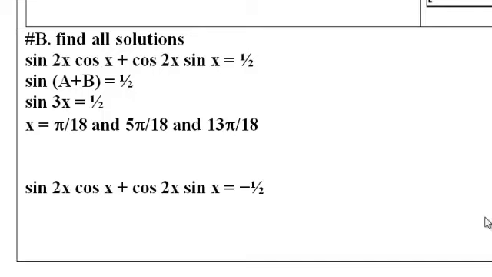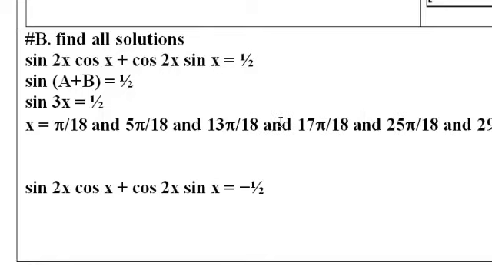So the other solutions are therefore these here. So this is first and second quadrant, originally inverse sine of 1/2 is 30 degrees, 150 degrees, which we then divide by 3 again, and that's how we come up with 10 degrees. If you look at this here, pi over 18, of course, is 10 degrees. 5 pi over 18 is 50 degrees.